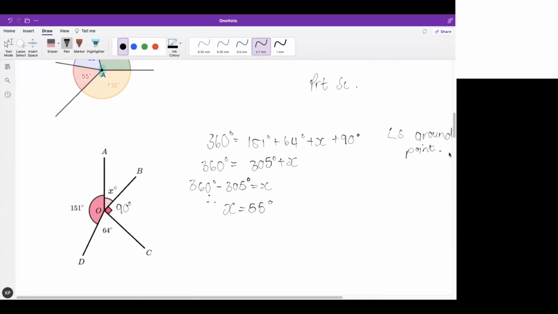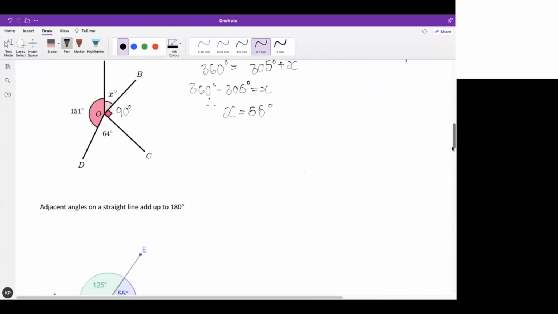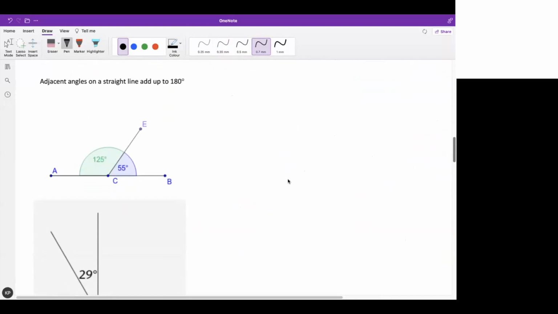Now let us go to adjacent angles on a straight line. This time, if going around a point adds up to 360 degrees, then just going in a straight line has to add up to 180 degrees. So if they are adjacent, do you see now our concepts are starting to merge with each other.